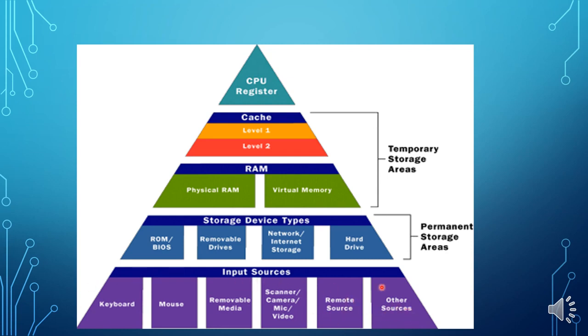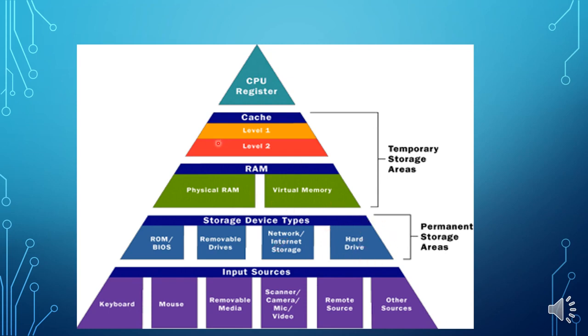These types of sources give some kind of input, and this is stored at the second level from the lower side. You can see ROM and BIOS, then removable drives, network or internet storage, and the hard drive.